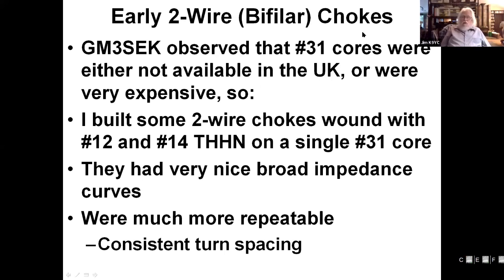So I built some 2-wire chokes wound with number 12 and number 14 THHN. They had very nice broad impedance curves, and they were much more repeatable because I was able to do it with consistent turn spacing.